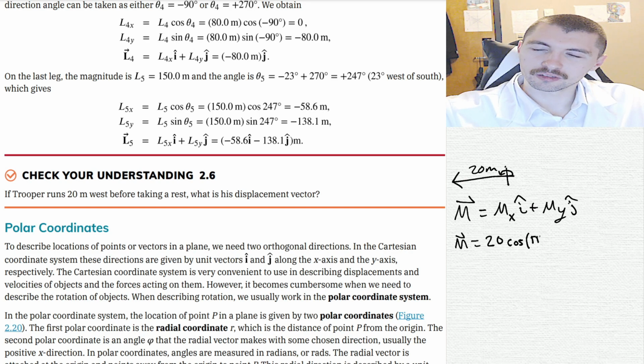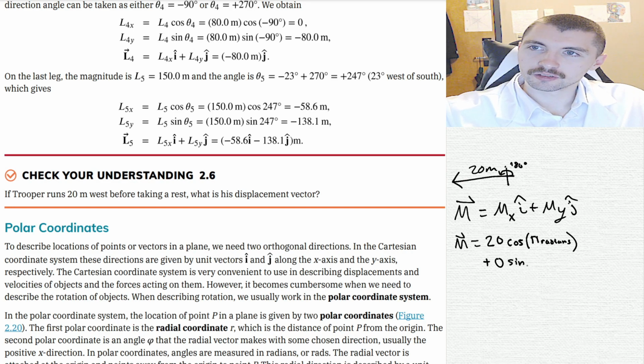Why pi? Because it's cosine of 180 degrees. We'll say pi radians for clarification. So it's 180 times pi over 180, the 180s cancel. Pi radians. Plus the y component, which is 0.